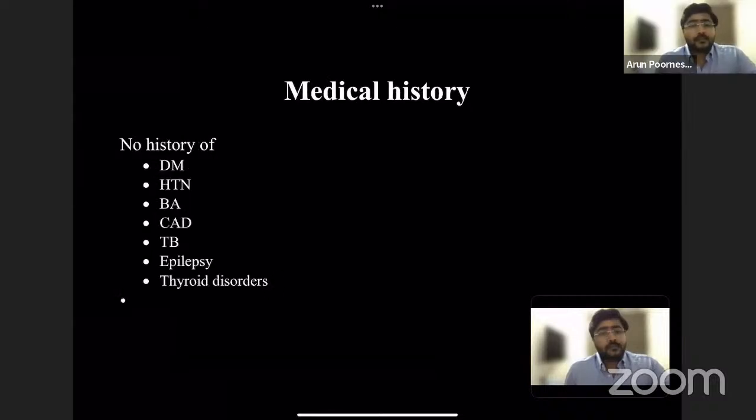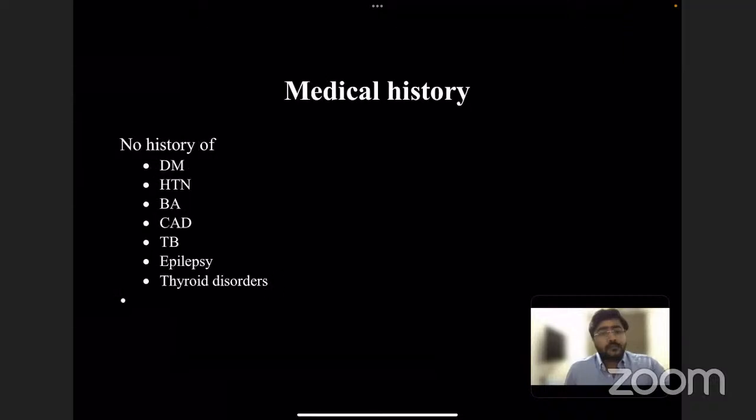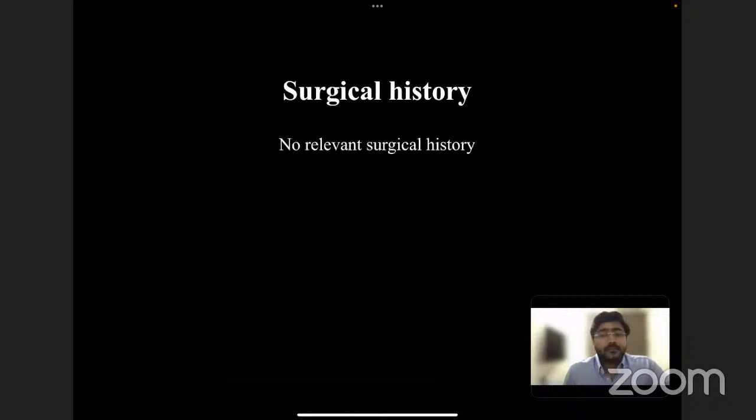Medical history: there's no history of diabetes mellitus, hypertension, bronchial asthma, coronary artery disease, tuberculosis, epilepsy, or thyroid disorders. In surgical history, we do not have any relevant surgical history. In family history, there's no relevant family history.